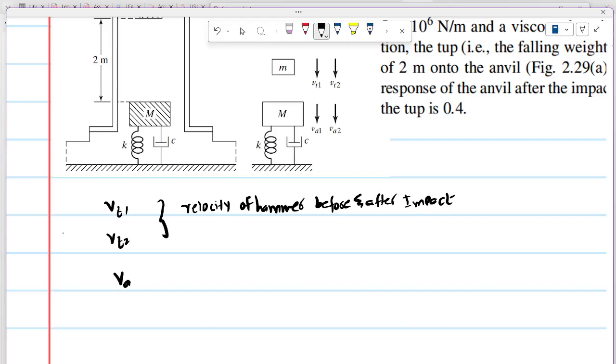And let VA1 and VA2 be the velocity of the anvil before and after impact.